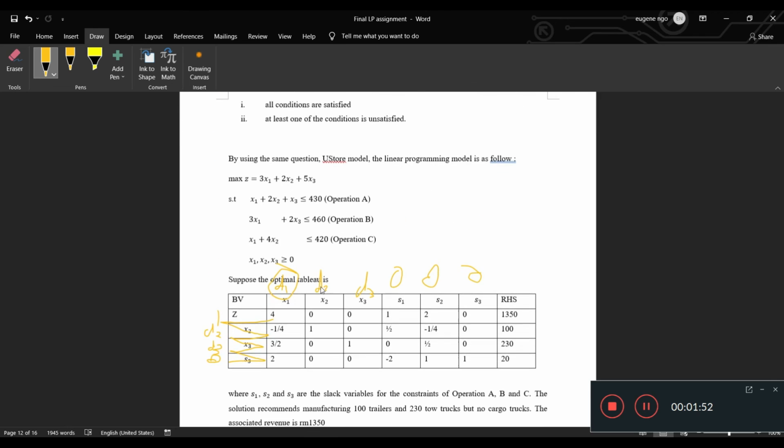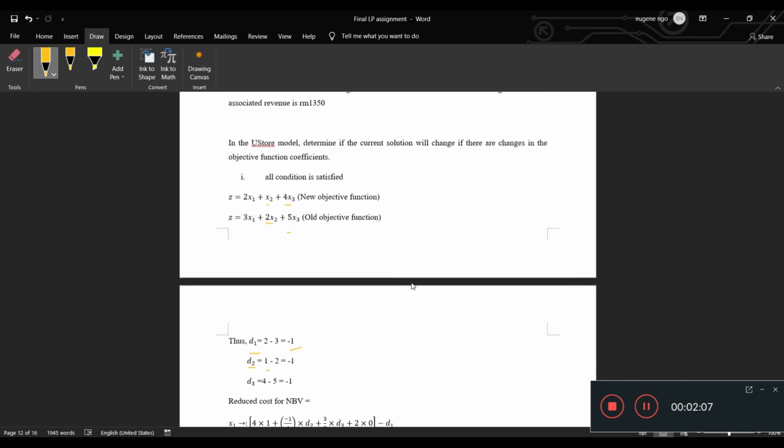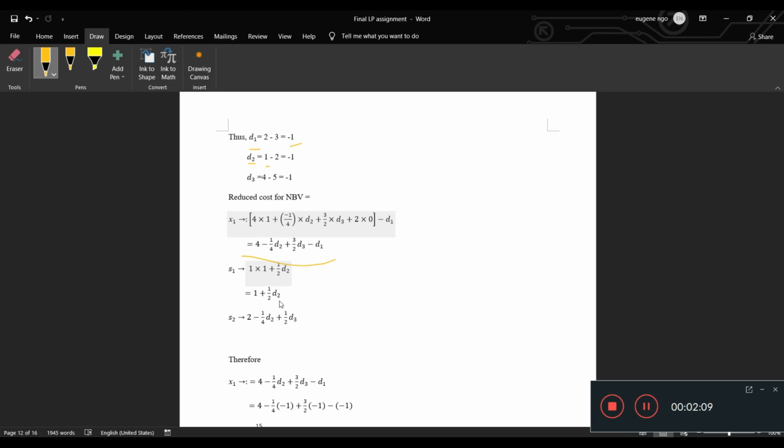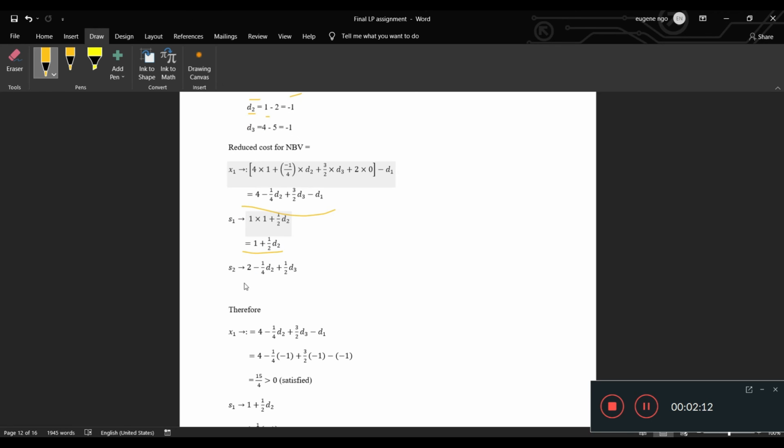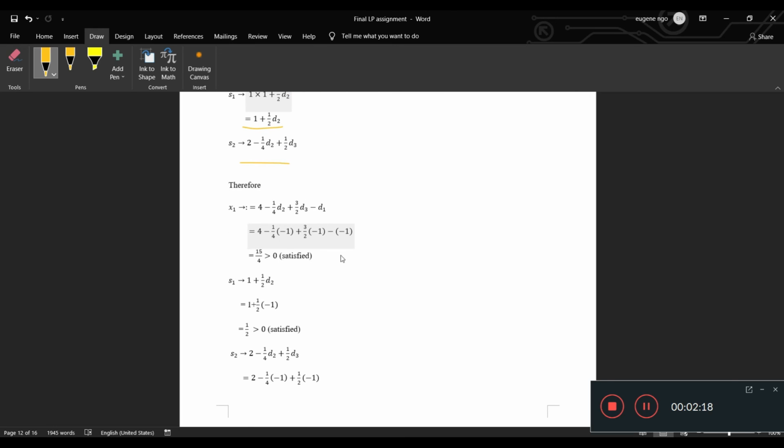Then for s1: 1 times 1 plus 1 over 2 times d2 plus 0 times d3, plus negative 2 times 0 is 0 minus 0. So we get this formula, and the same goes for s2. Therefore, when we substitute, we get 15 over 4, which is satisfied, greater than 0. 1 over 2, which is greater than 0.